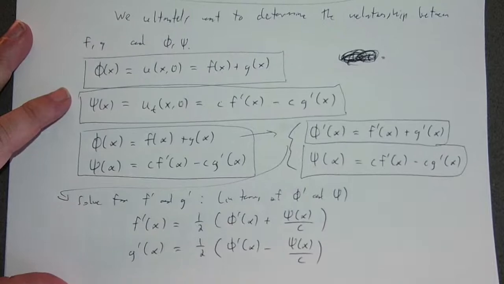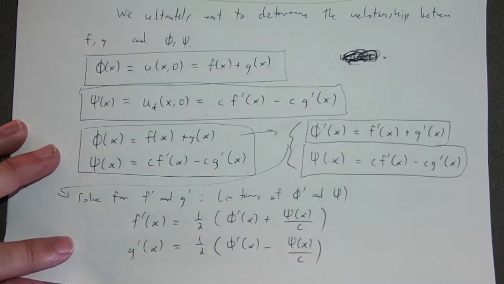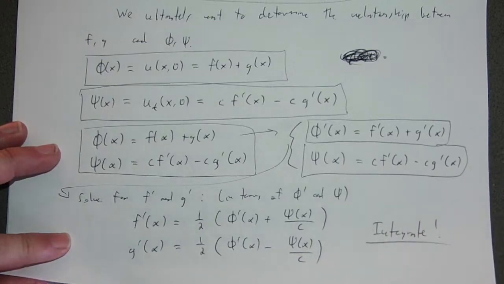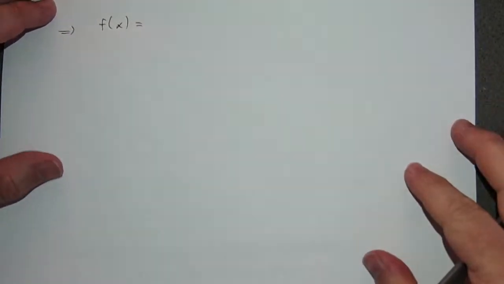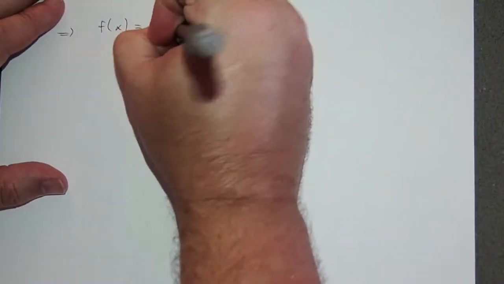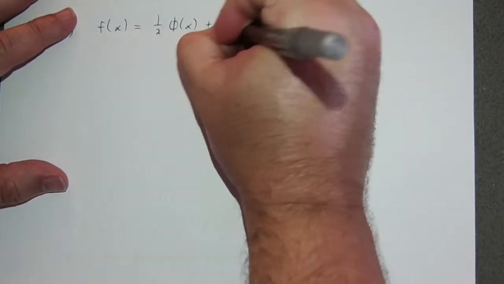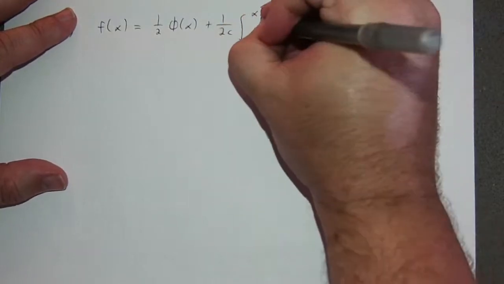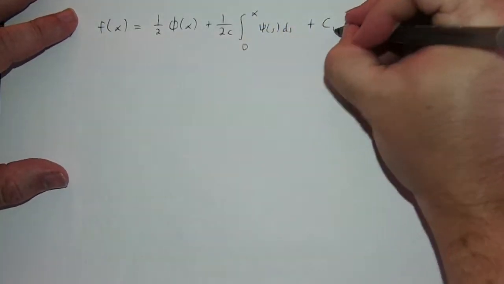So now what do I do? Now I can integrate with respect to alpha for both of these. What do I get? This means that f of alpha is 1/2 phi of alpha plus 1 over 2c times the integral from 0 to alpha of c of s ds plus some constant, we'll call it c1.